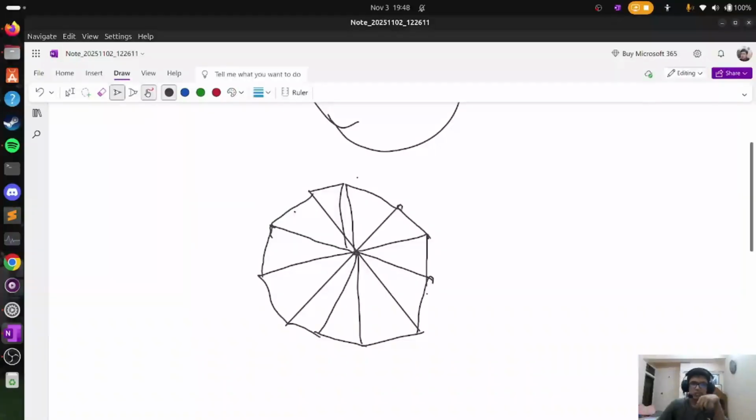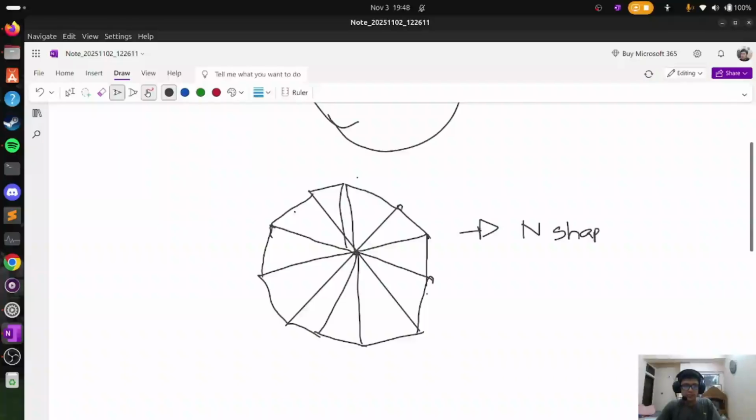So we did it. We drew an n-sided polygon. Now we want to figure out the perimeter of the n-sided polygon.